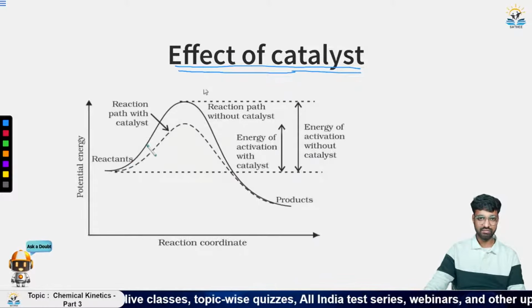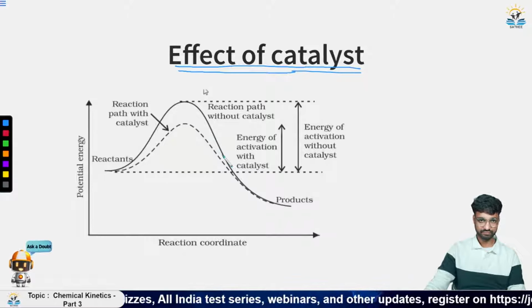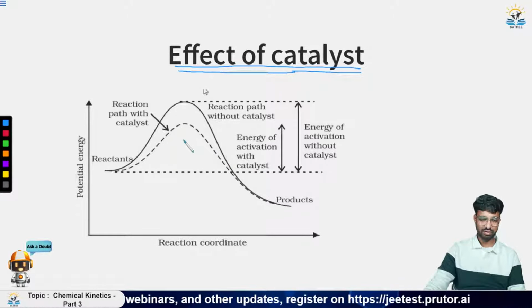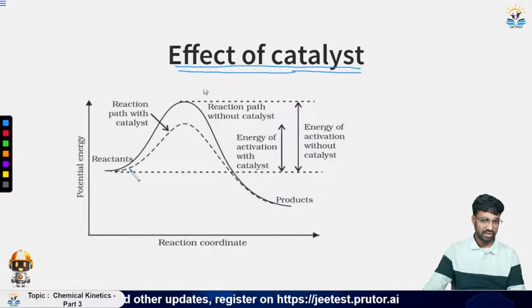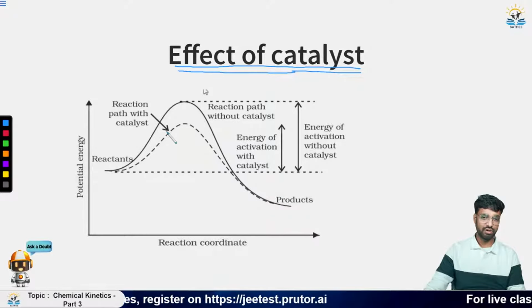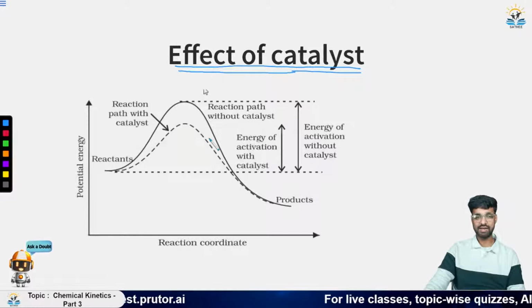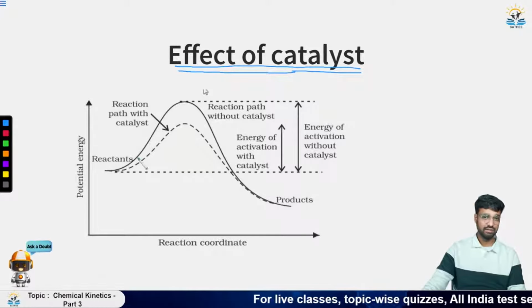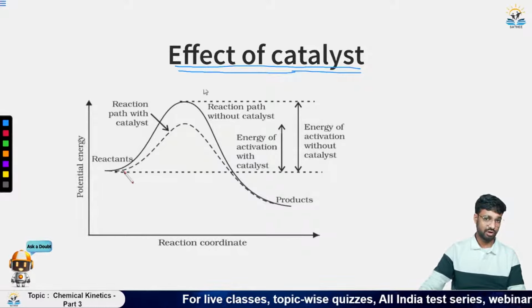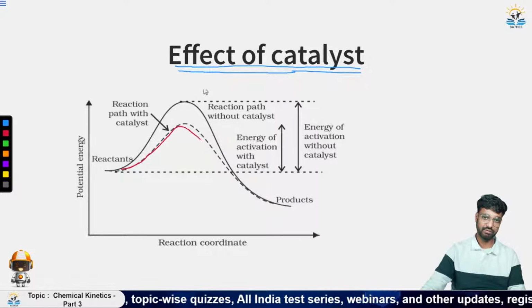The first one is without catalyst, and the second one is with catalyst. What we see is that a different path is being followed in case of catalyst involvement. As the catalyst is involved in the reaction, the reaction has followed a different path instead of this one.